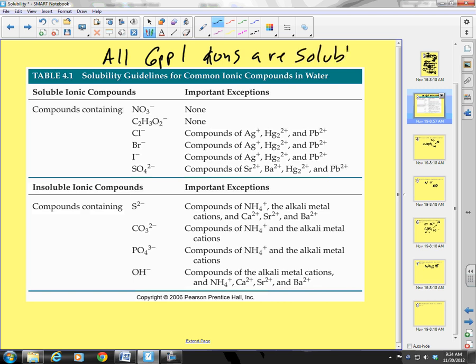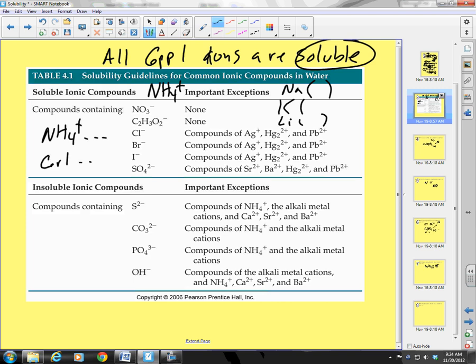So anything that has my K, my Li, my Na as a compound with it, those guys are all soluble. And something else that's always soluble, ammonium is always soluble. So we could maybe add those over here. Ammoniums are always soluble, and my group ones with compounds are always soluble.